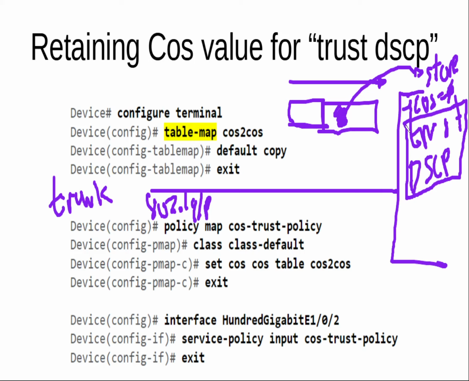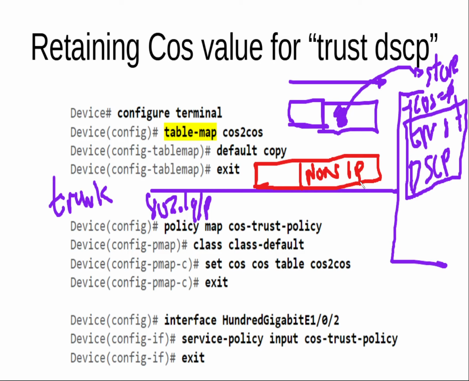So I only will take notice of the DSCP value of this packet that is entering my port. But what happens if a packet enters my port, but it is a non-IP packet? If it is not an IP packet, what is the DSCP value that I'm going to trust? That is not a DSCP value, and I'm going to set the internal cost to 0.